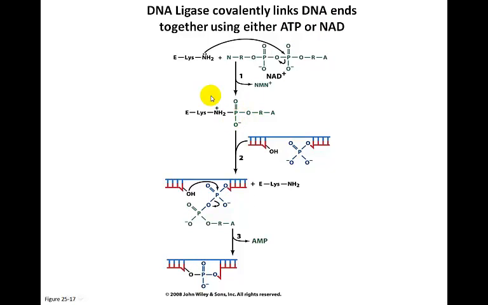We made a covalent complex with the enzyme through an amino group of the lysine, so it's lysine, essentially AMP. The AMP becomes attached to the 5' phosphate, and then the 3' end of our DNA strand attacks the phosphate, and we make a covalent bond between our two DNA fragments, and we release AMP.